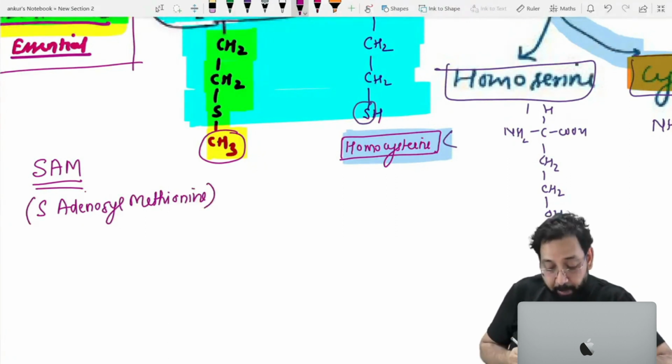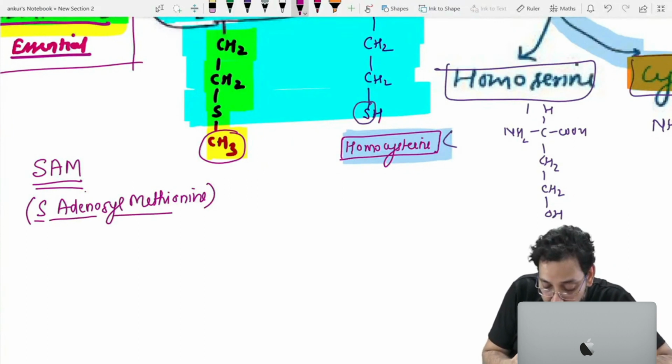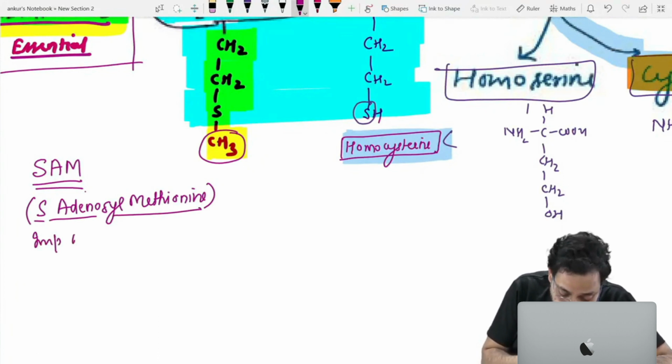S-adenosyl methionine, SAM, is a very important methyl group donor in our body.